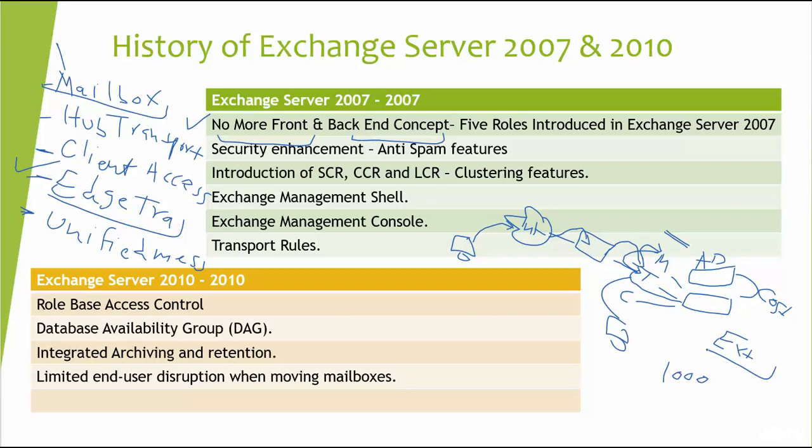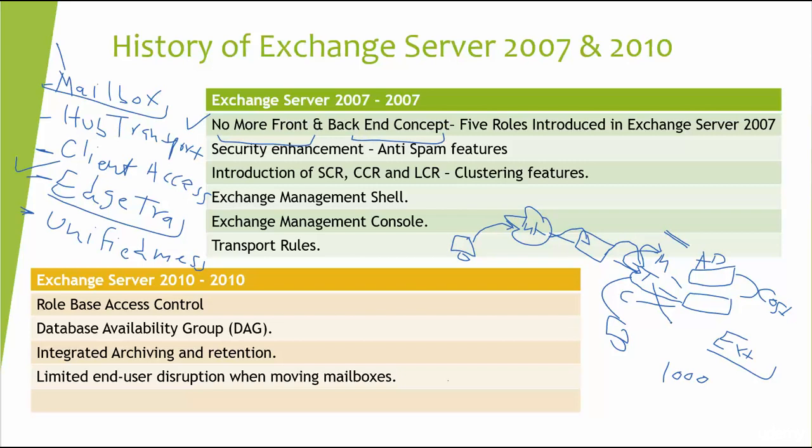So this was the only difference. And with the hub transport role, in order to have the anti-spam and antivirus features to do the filtering, you had to install a separate plugin in the hub transport role. So Microsoft doesn't recommend you to use the transport server role as an external email server to do the transportation, but still you can use it, and you could use it at that time.